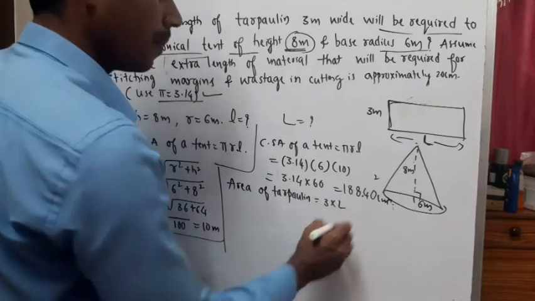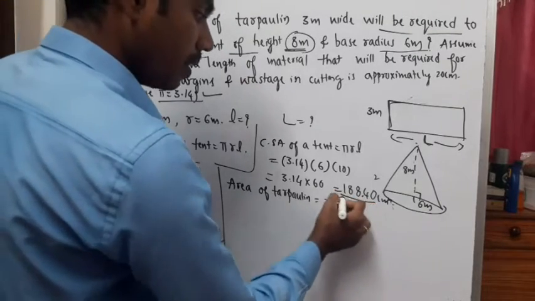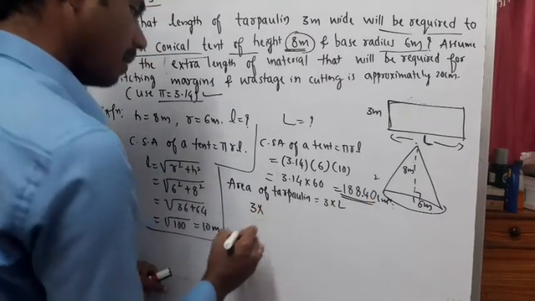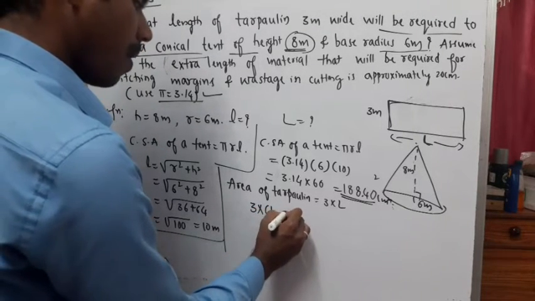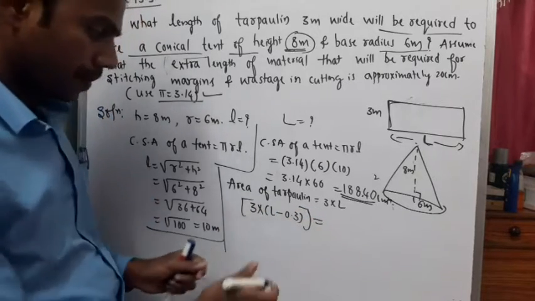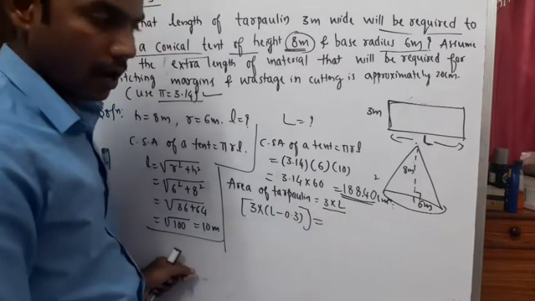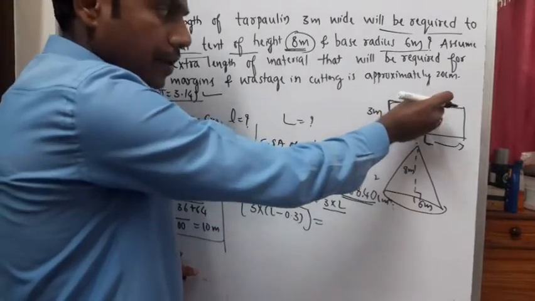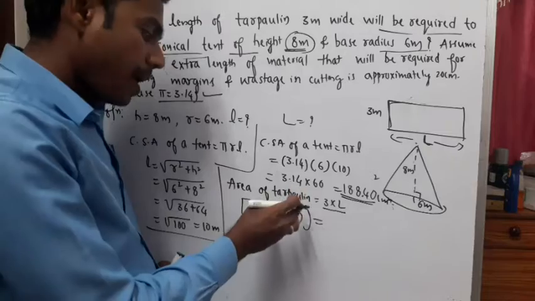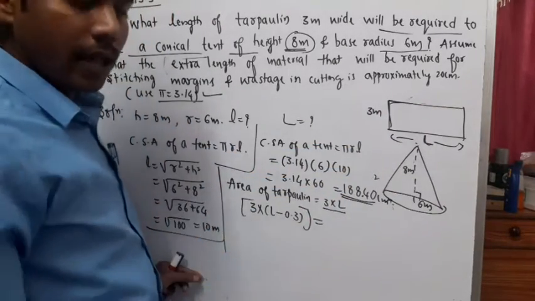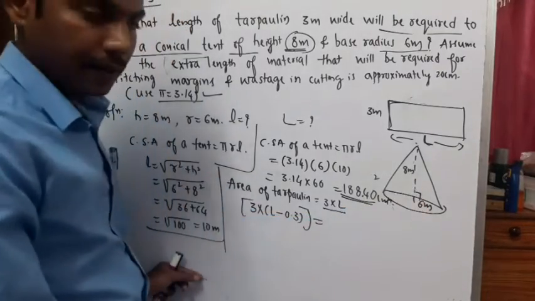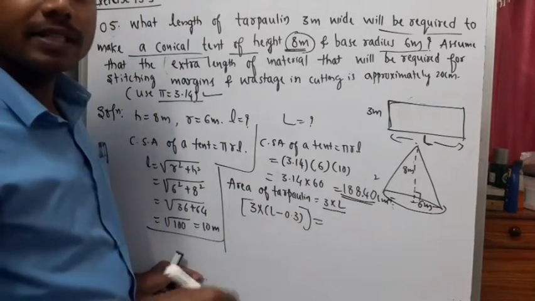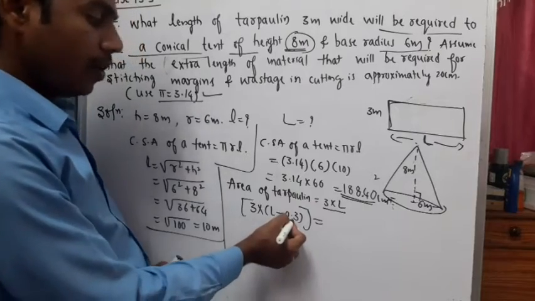Now the area of the tarpaulin is equal to 3 into L. Actually area of tarpaulin is 3 into L, but if I want to equate it with the curved surface area of a tent, because we are using the same material to make a tent, I need to equate the area of this with the area of the tent. 20 centimeter of the tarpaulin area is wasted while stitching the margins and while cutting, so I need to remove that, 3 into 0.2 is 0.6, so 3 into L minus 0.6.